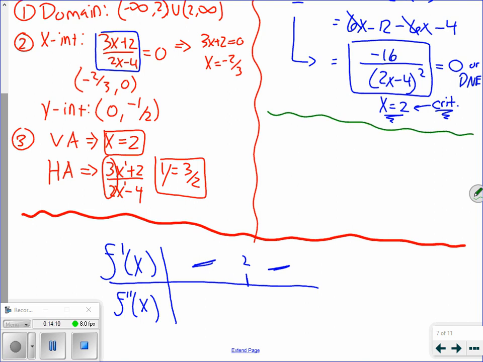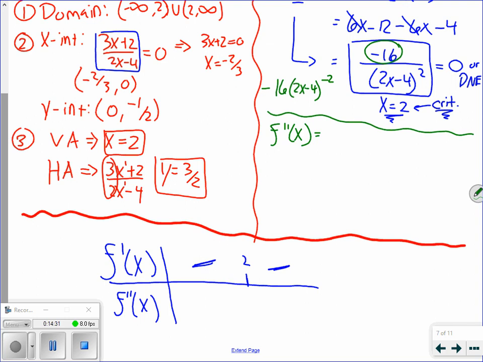All right, so what I'm going to do now in green is take the derivative of this. Now I got the second derivative. And remember that if I have a constant on top, I don't do quotient rule. I always rewrite it as negative 16 times 2x minus 4 to the negative second. Makes the derivative a whole lot easier.